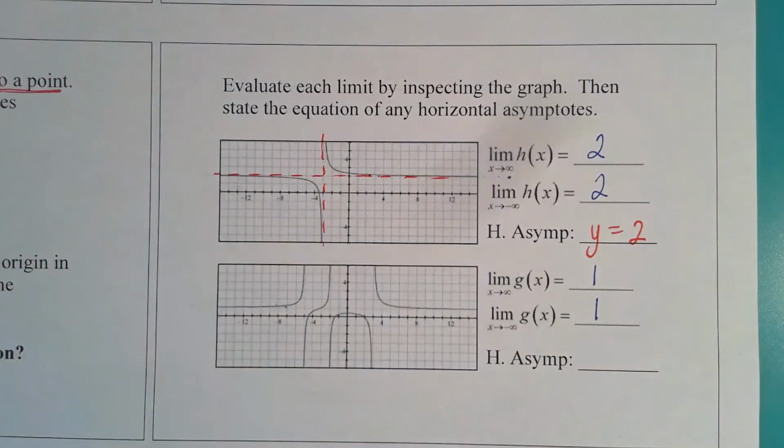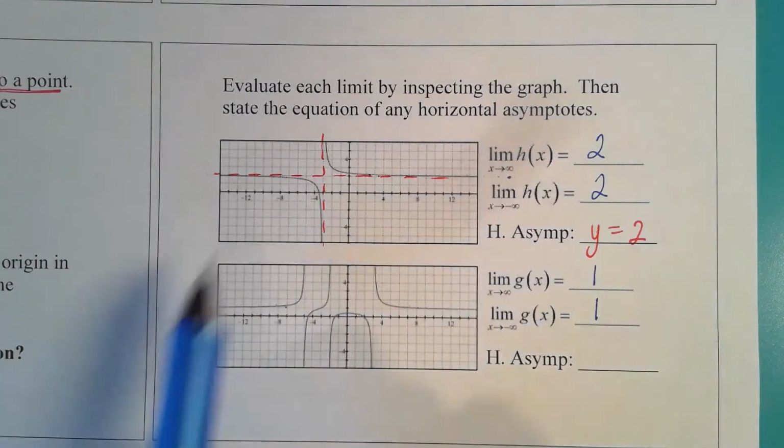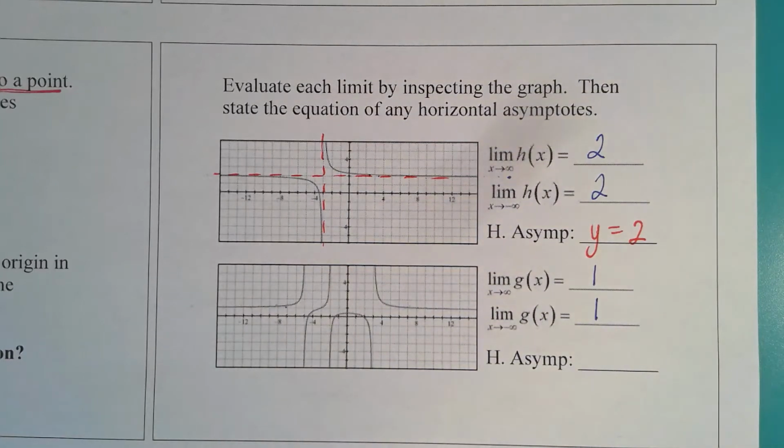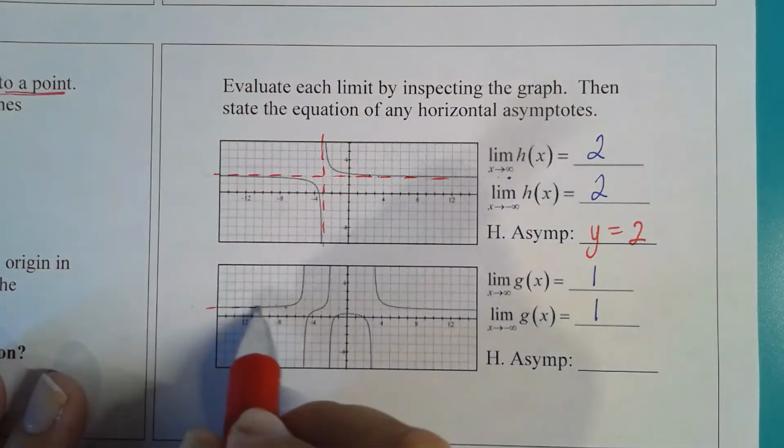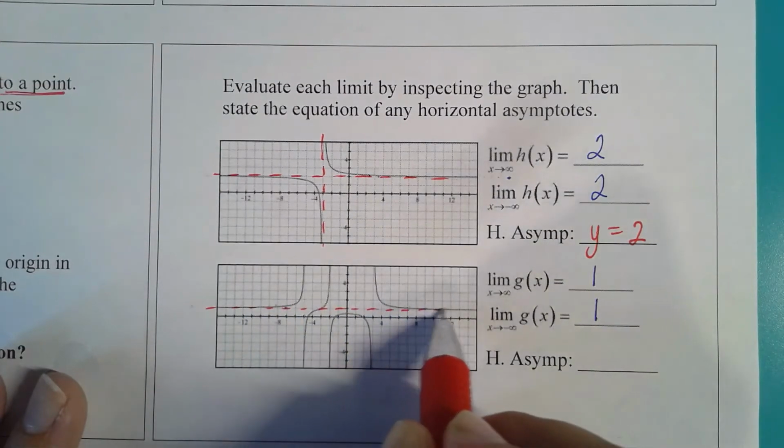Does this graph have a horizontal asymptote like this one does up here? I'm going to pause for a moment while you ask yourself that question. Now, a lot of us might look at that and say, no, right? I'm putting this in there for a reason.